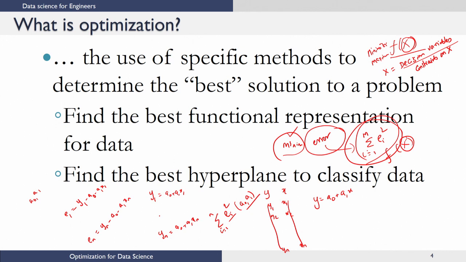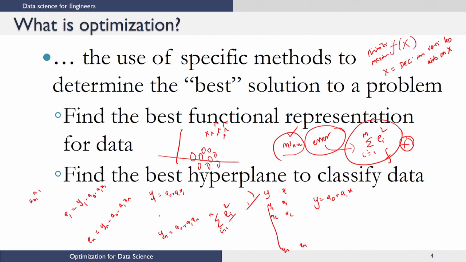Now, in terms of the other bullet point I have here, which is to find the best hyperplane to classify this data. This is also something that we had seen before, where we looked at data points. For example, I could have lots of data here corresponding to one class, which I described when we were talking about linear algebra, and I could have a lot of data points here corresponding to another class.